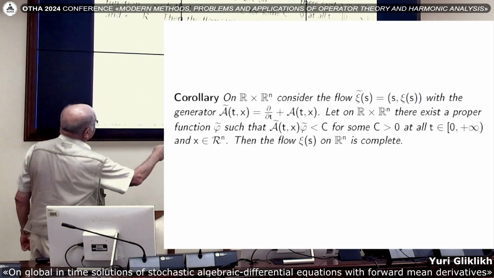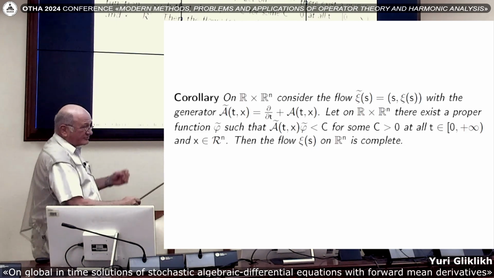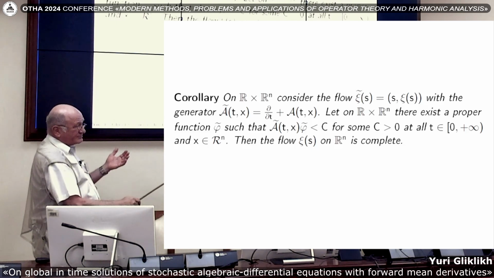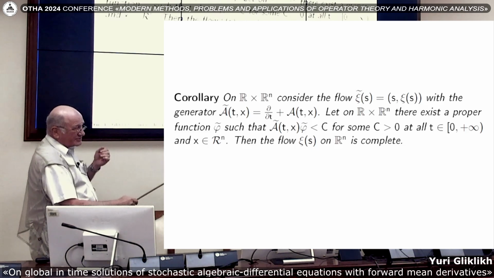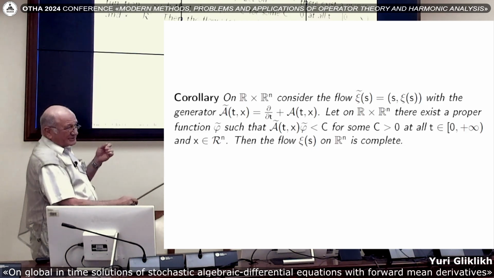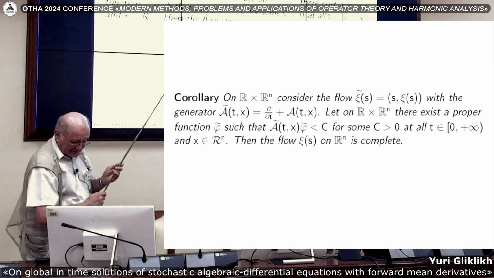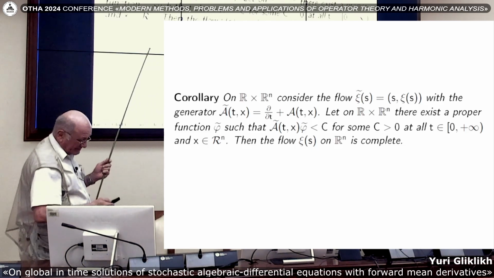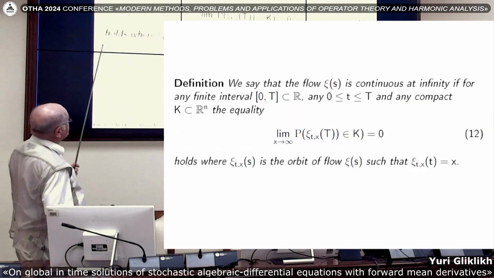Then the flow psi of s on R^n is complete. You see, it's a very simple corollary. We deal with a new flow, and obviously obtain the same result for the flow we deal with. But it gives a result close to necessary and sufficient.